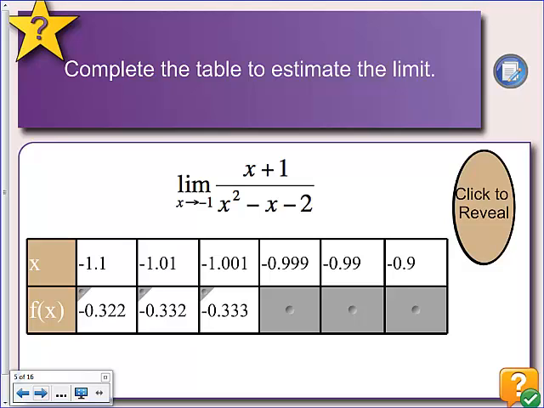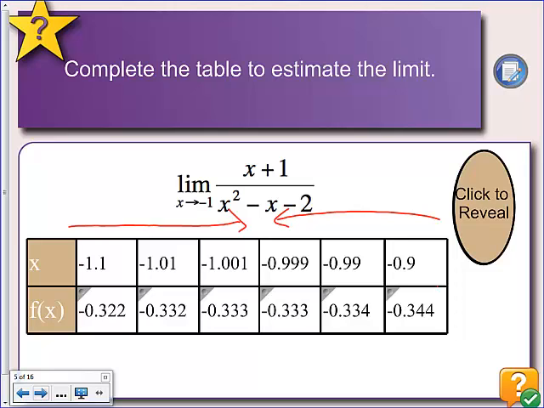So we're coming at it from the left side and coming at it from the right side. What's my value at negative 0.99? Negative 0.344. What's my value at negative 0.999? Negative 0.333.